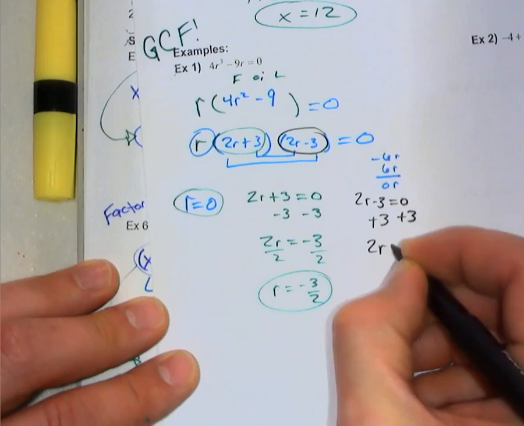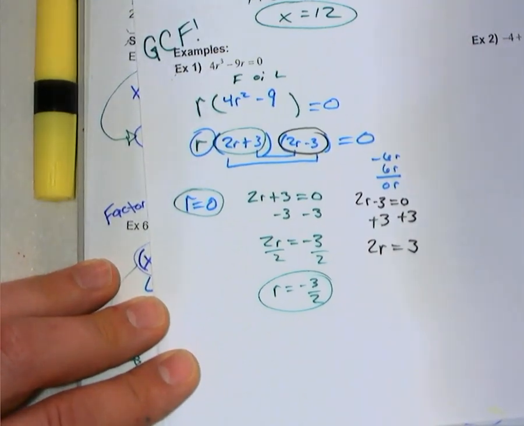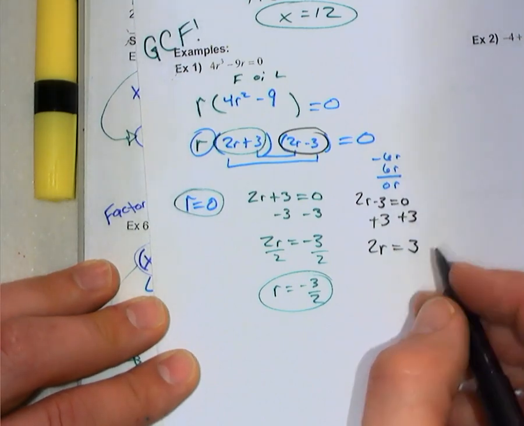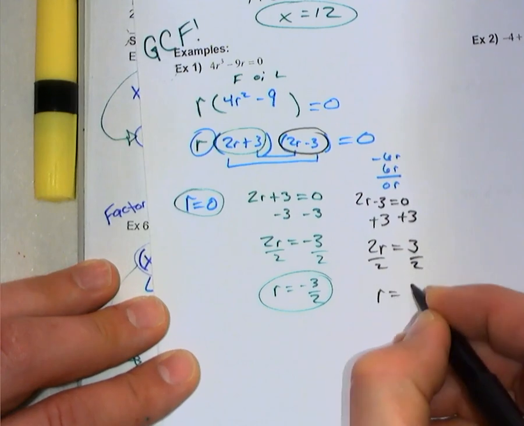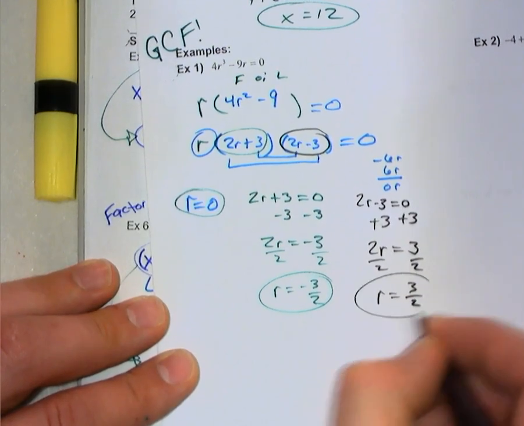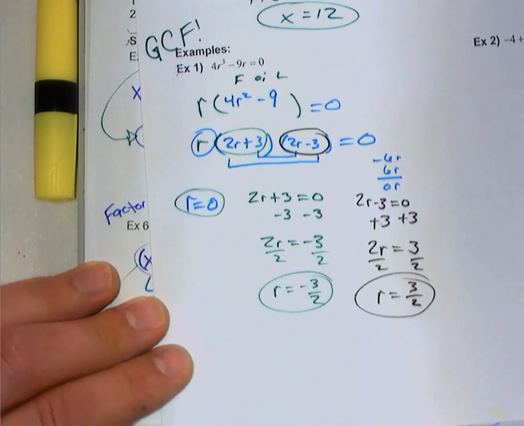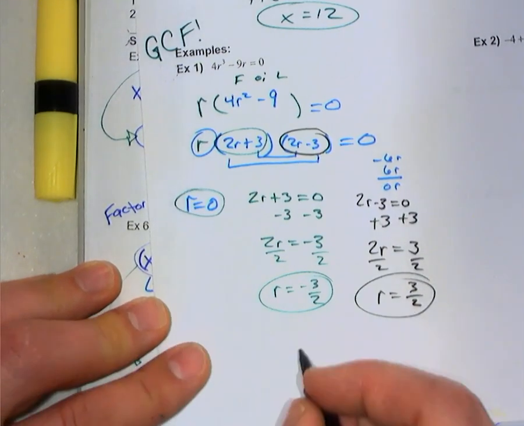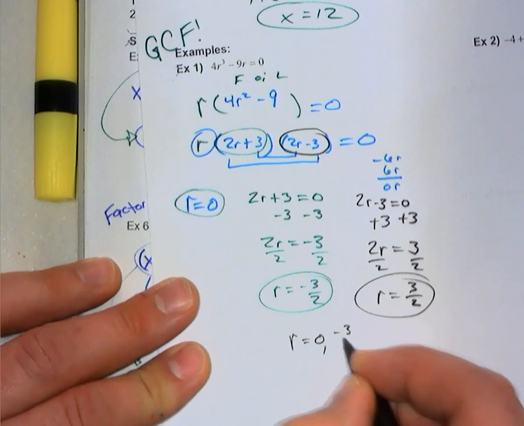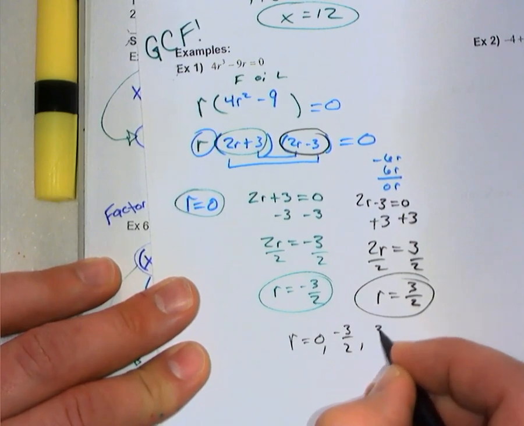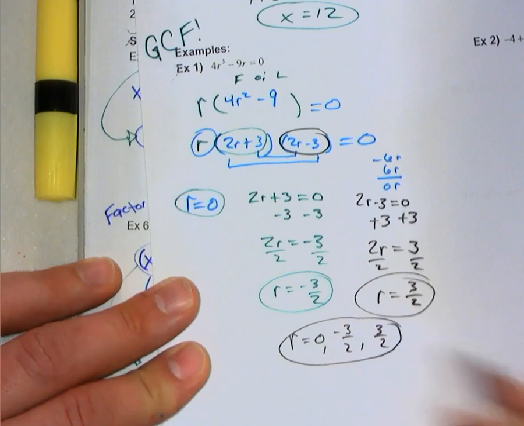We get 2r equals 3. And then the last step, Tyler, what can we do now? Divide, and I get positive 3 over 2. So final answers are these 3. If you want to write them all together with commas: 0, negative 3 halves, and 3 over 2, that'd be perfect.